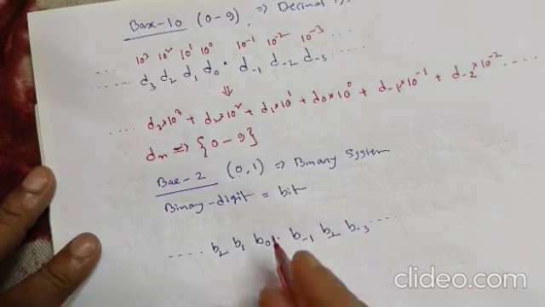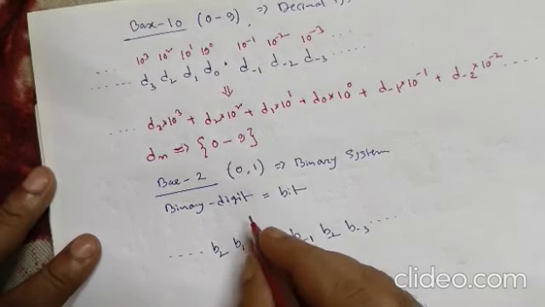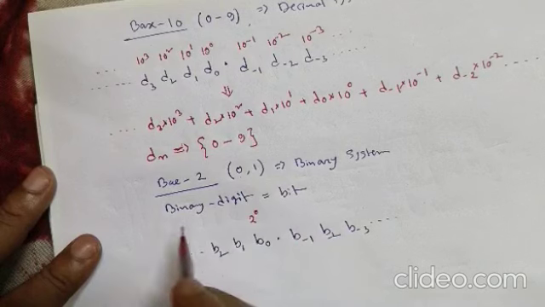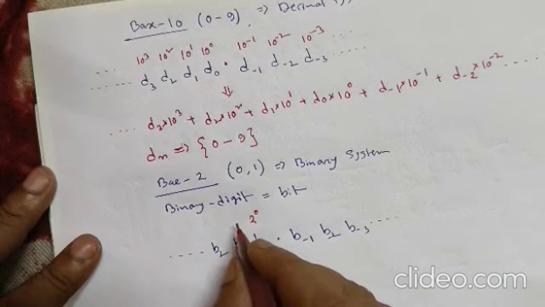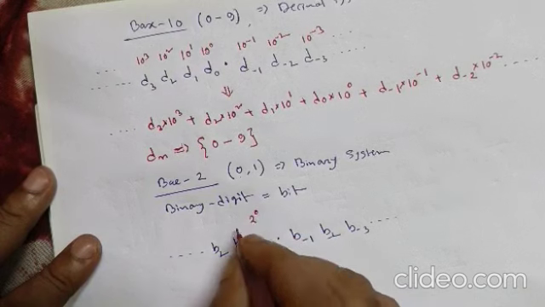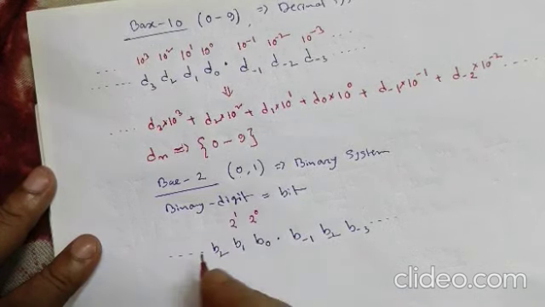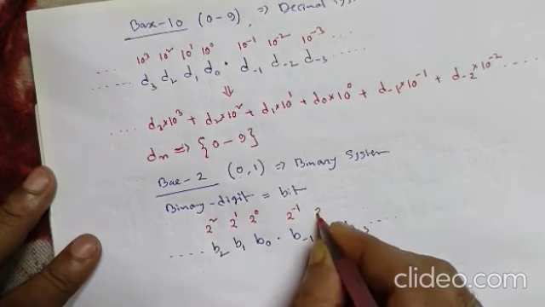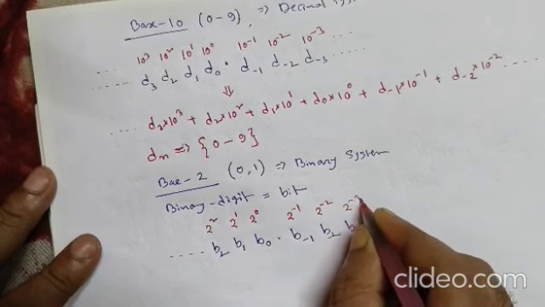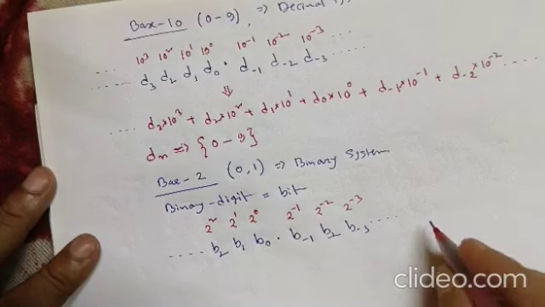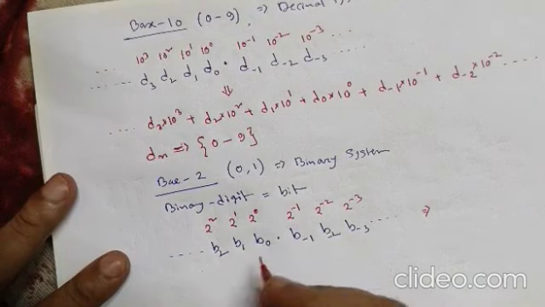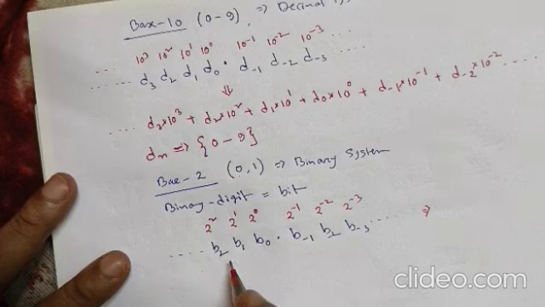Now each position has a weightage based on the base, which is 2: 2 to the power 0, 2 to the power 1, 2 to the power 2, and 2 to the power minus 1, 2 to the power minus 2, 2 to the power minus 3 like this. And when calculating its decimal equivalent, each bit value should be multiplied by its weightage.